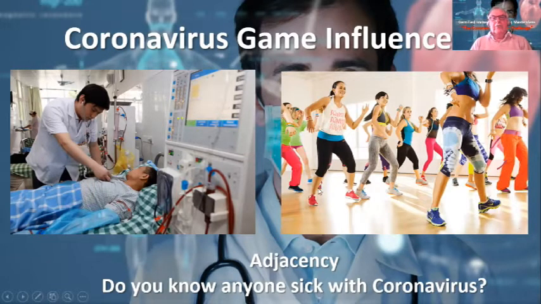If, on the other hand, you are living in a situation where you're isolated from coronavirus and everybody you know is healthy, living their ordinary lives, you might begin to question whether you need to change your behavior or get involved in playing this game.